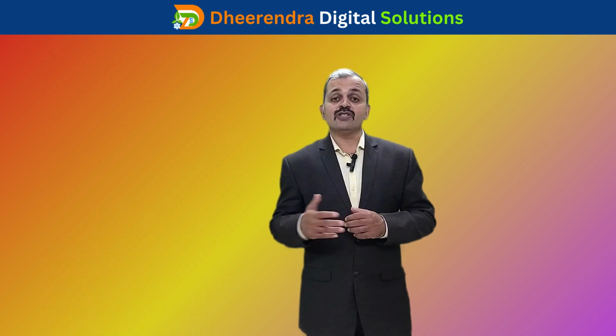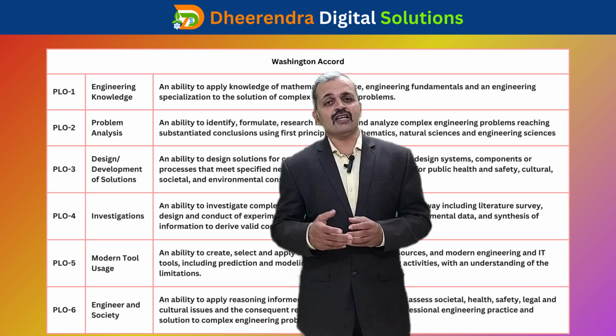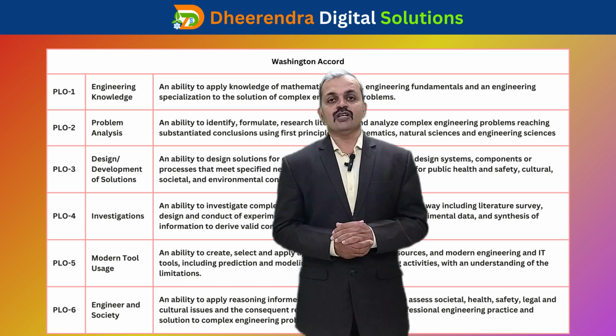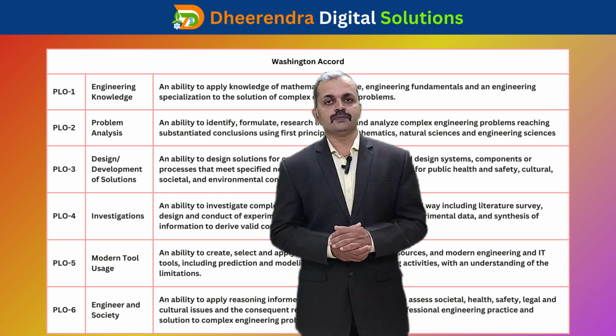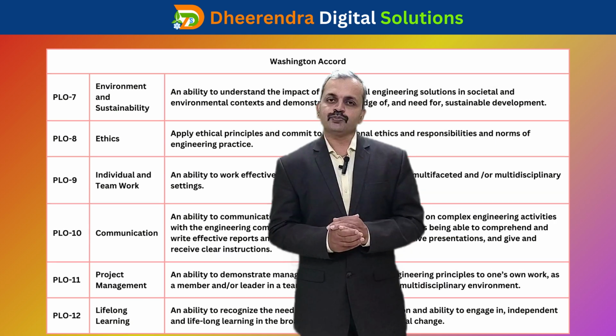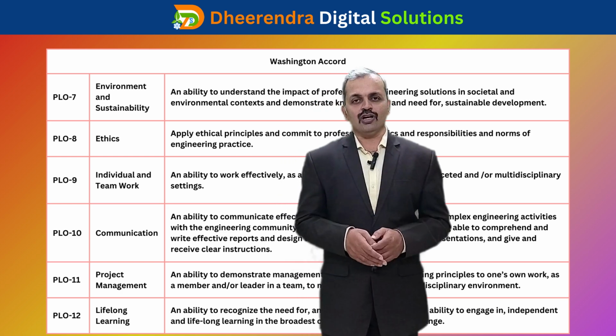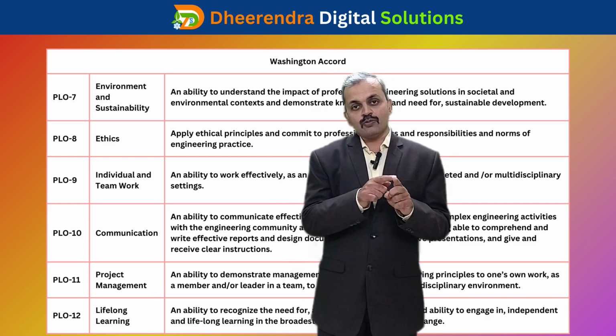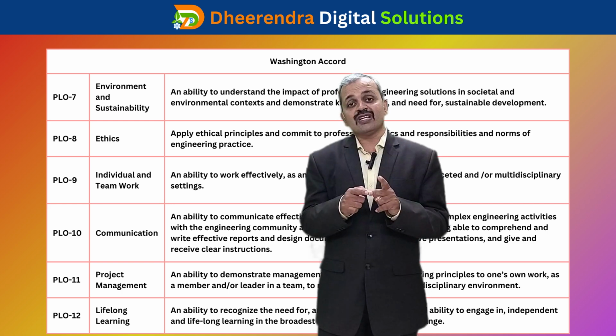Program outcomes in terms of engineering have been defined as 12 different statements by Washington Accord, which is globally acceptable. So, we need to focus on the synchronization between the program educational objectives and the program outcomes that are defined.